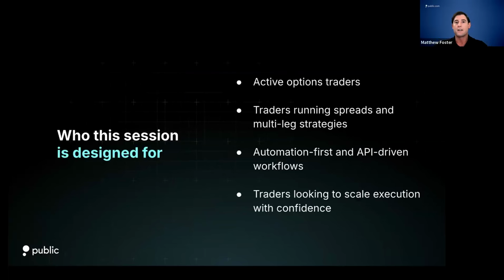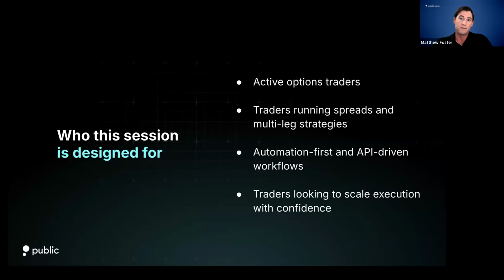Today's session is really designed for active options traders. If you're trading spreads, rolling positions, or managing multi-leg strategies, this is for you. It's also for traders and builders who are either already running automation or considering moving from discretionary to programmatic execution.